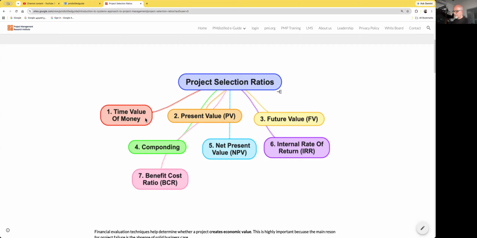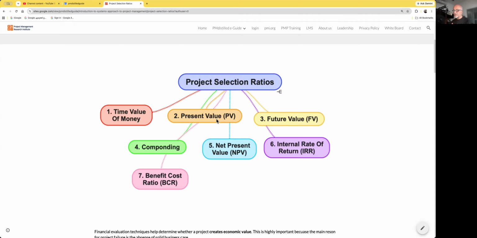So when we start a project, when we invest in a project, the money we are investing in a project is today, and the returns we are going to get is in the future. So the money I am investing in a project today is in present value terms.